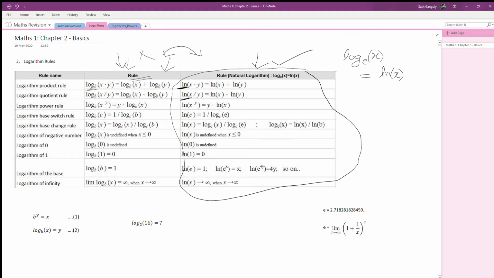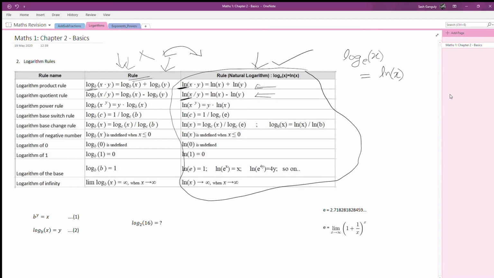Okay, the first two over here are quite easy and straightforward. We have the product rule and the quotient rule, where log of x times y is equal to log x plus log y. Please be careful.